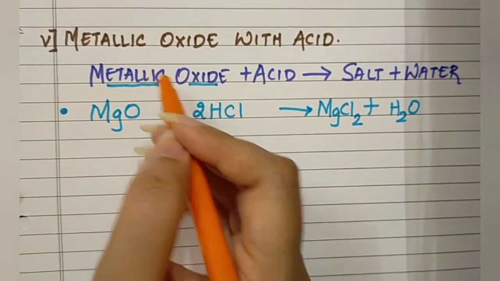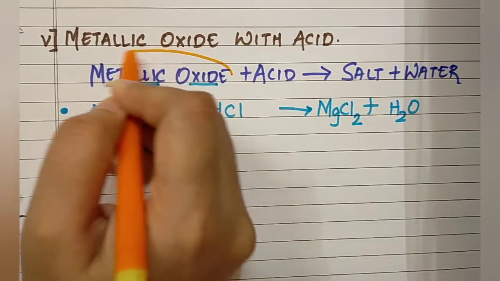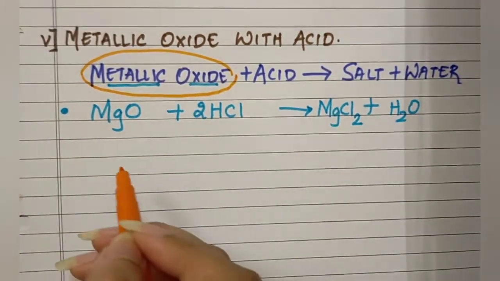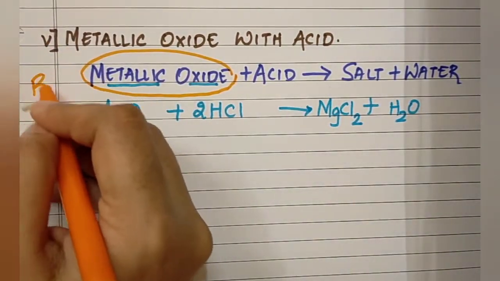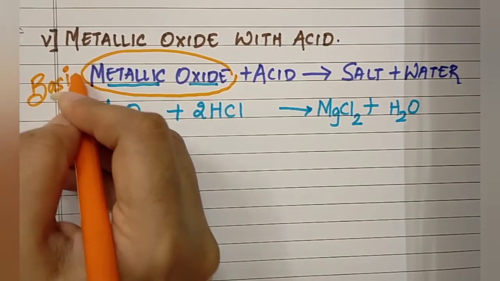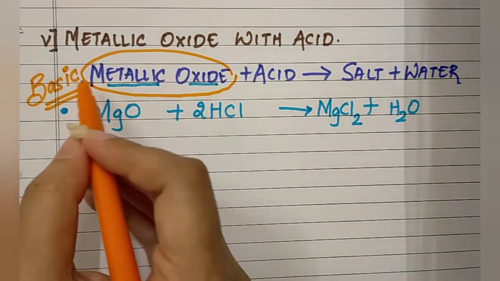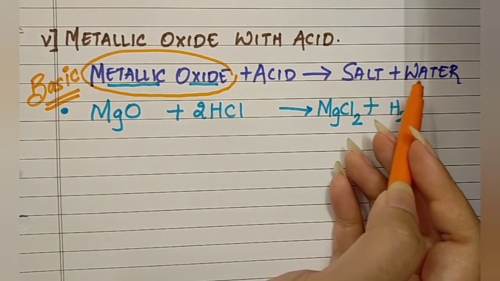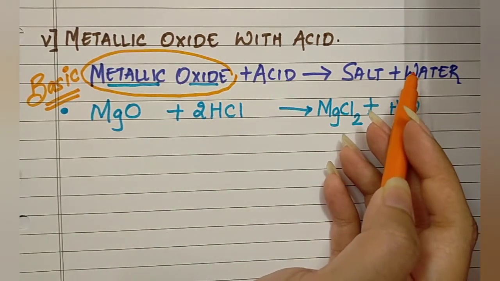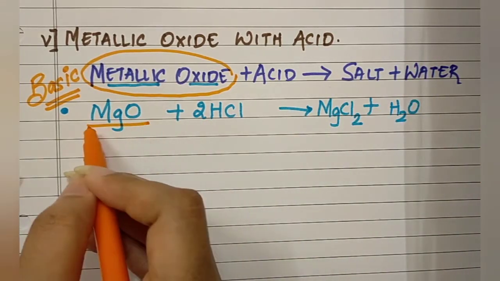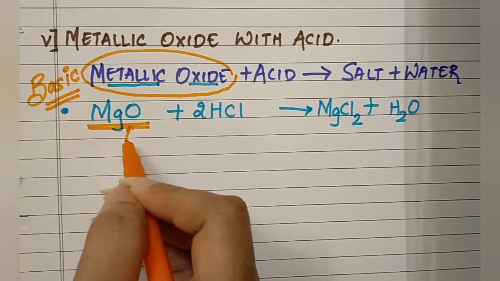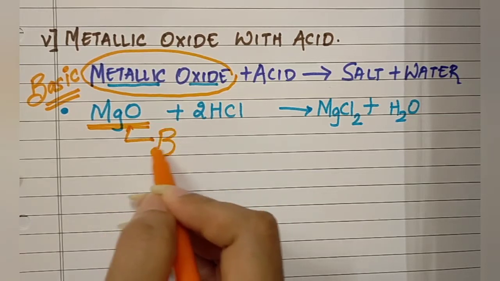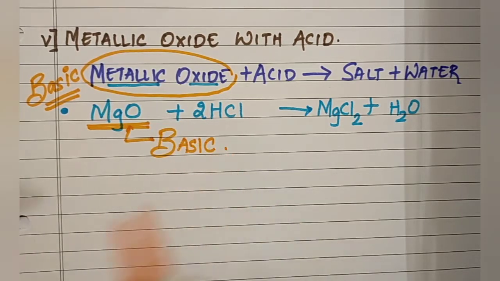Yes, so if we compare those equations, we find that metallic oxide is basic in nature. If it is a base, only then it will react with acid to form salt and water, isn't it? Yes. So students, all metallic oxides are almost basic in nature. So this is how metallic oxides react with acids.